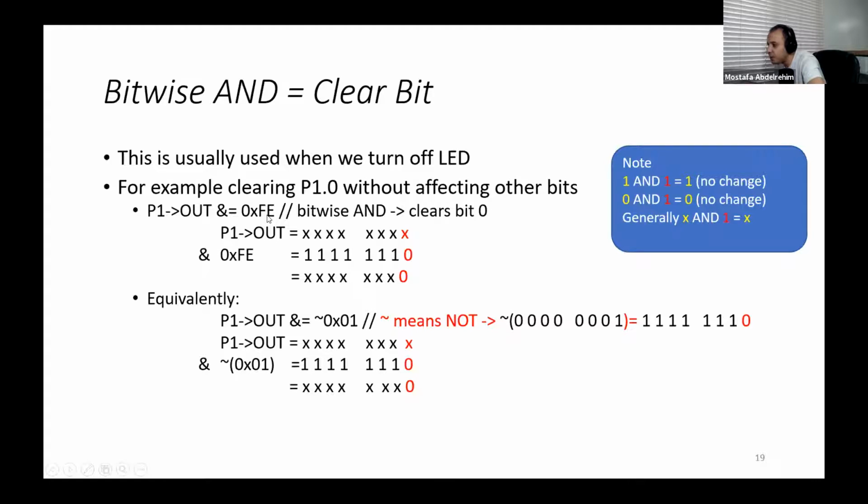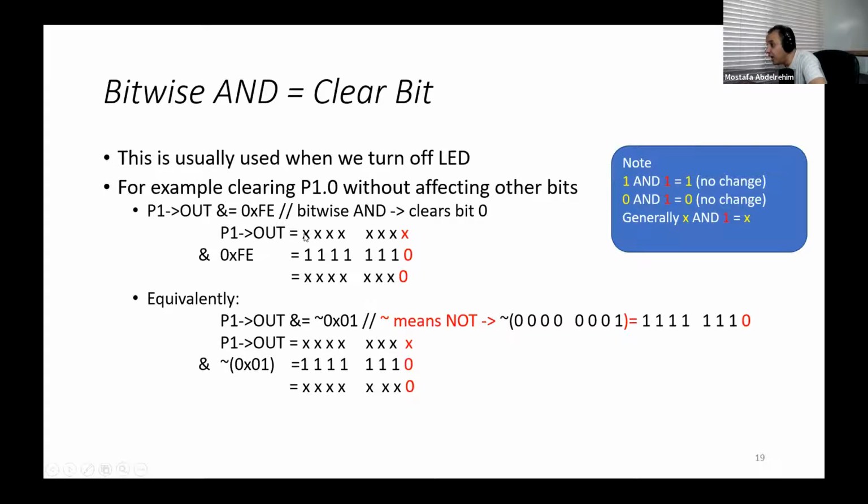It will be 0xFE. Let's analyze exactly what's going to happen with this. So this is the P1 OUT register. X means whatever the values are there, zeros or ones. And here is FE. F is 1111 and the E is 14, which is 1110.